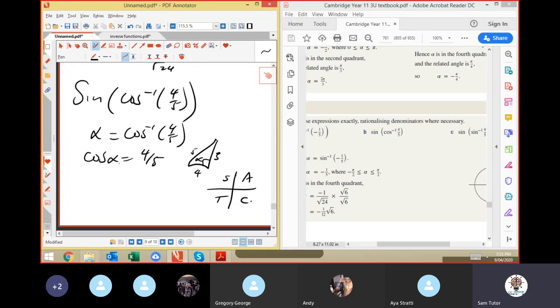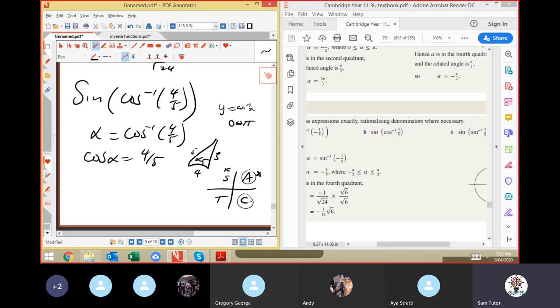So the first thing is, where is cos positive? Cos is positive here and here. Now for your inverse, where is your inverse cos going to be true? Your inverse cos, y equals inverse cos, your domain is from 0 to pi, right? So that means it's here and in here.